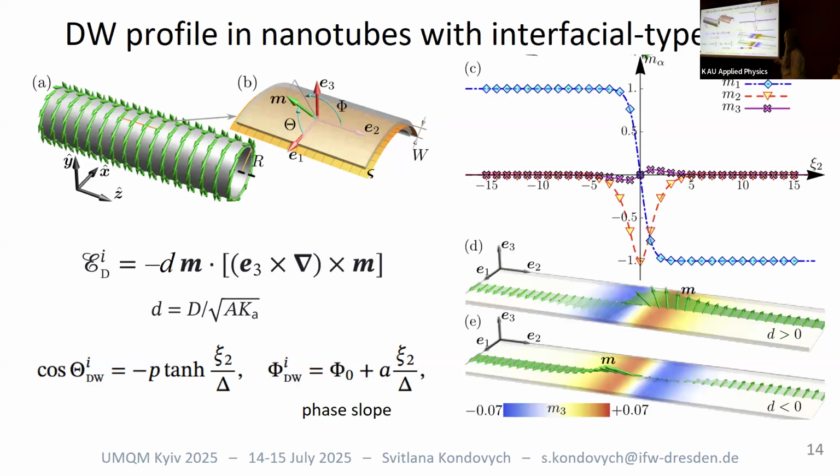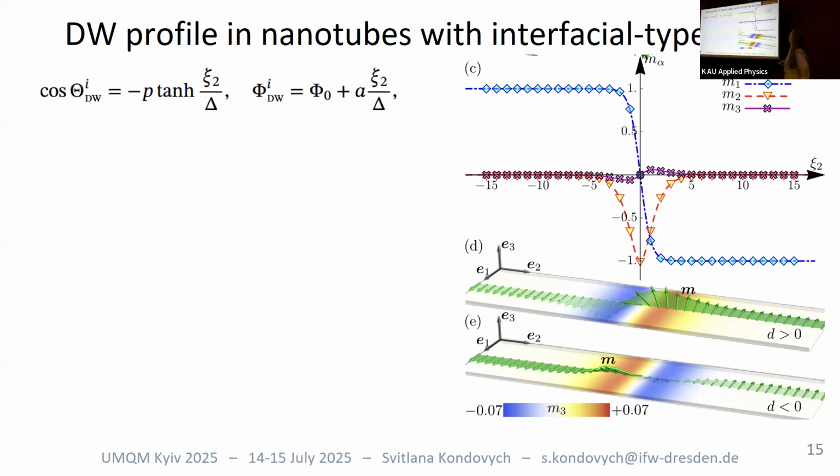There appears this phase slope, which you see here, because of the change in sign of the radial component of magnetization. There is no tilt of the ground state, and so the geometry of the domain walls is defined by the sign of the Dzyaloshinskii-Moriya interaction.